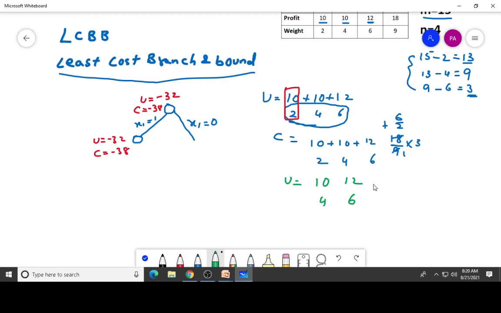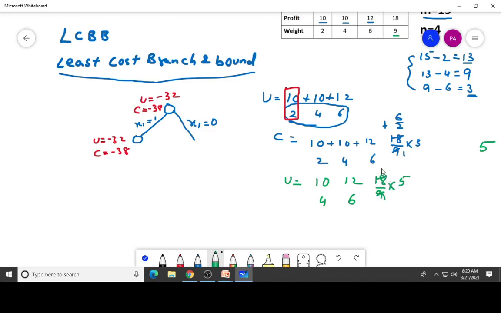But here I cannot add. What is the remaining? 4 plus 6 is 10, so the remaining is 5. But here we have the 9, so we cannot add. So the same thing, 18 by 9 multiplied by 5.